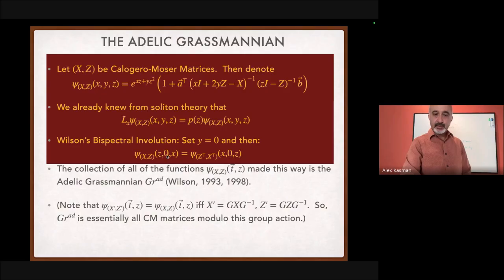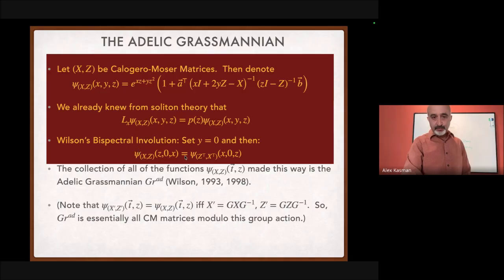So this used to be x, 0, z. We switched the x and z. That's the same as leaving the x and z in their original places, but switching the matrices x and z and transposing them. And you can kind of see that in this formula. If you set y equal to 0, so this is gone, then this is x minus x inverse, z minus z inverse. So if you switch the x and z and transpose them, that switches these two and switches their order, which is why it's the same as switching the variables x and z.